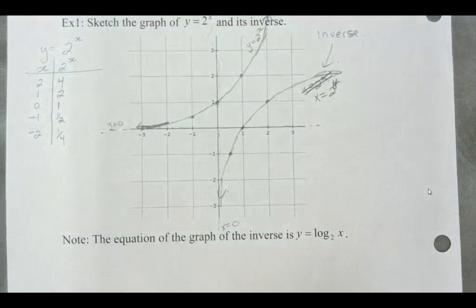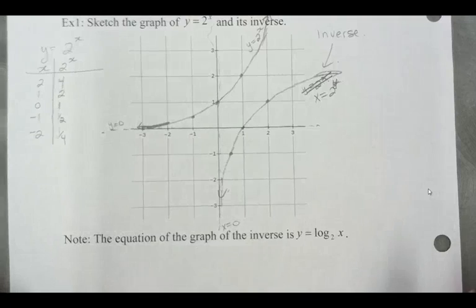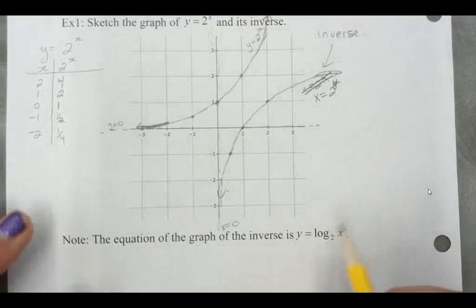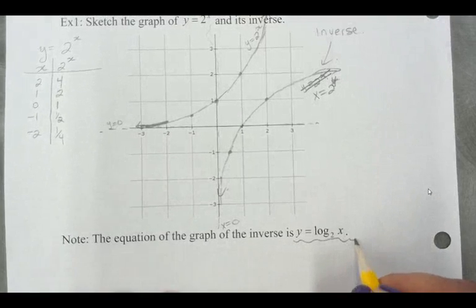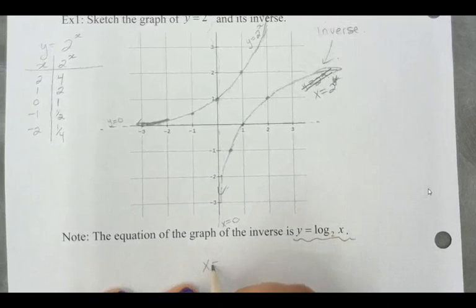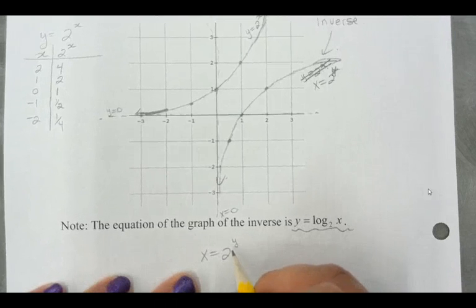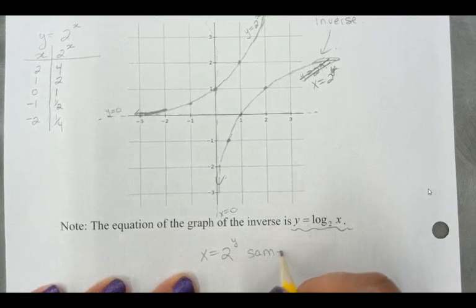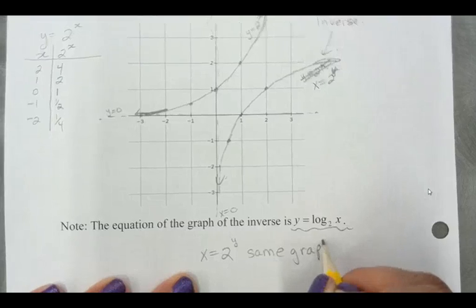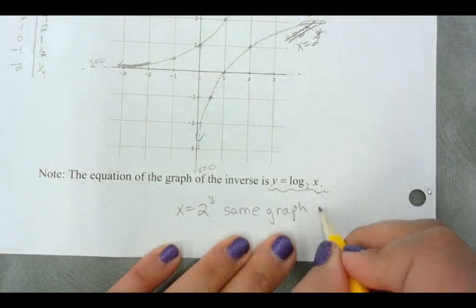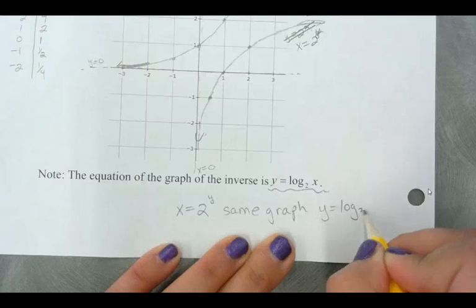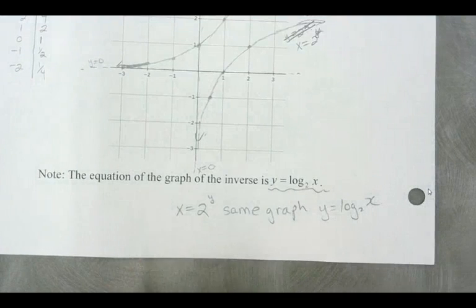Is that better? Yeah. Okay. Note that this equation is going to result in the same graph as y equals log base 2 of x. And we saw that in our investigation as well, right?